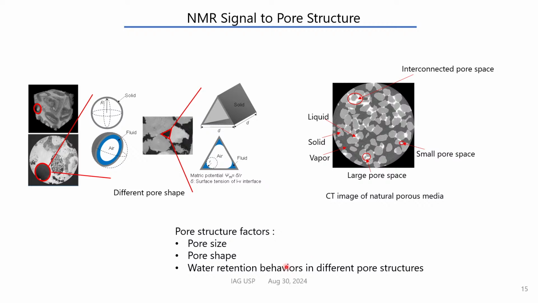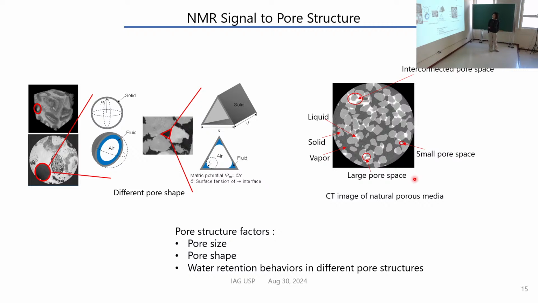Using these two figures, I think I can try to explain what we're trying to do here. When we're trying to understand how the NMR signals respond to the pore structure, usually the first thing we do is to take a micro CT image to get a real representation of our porous medium.